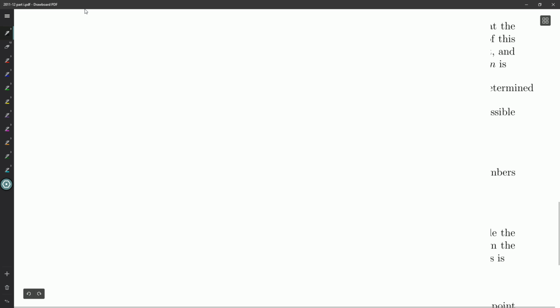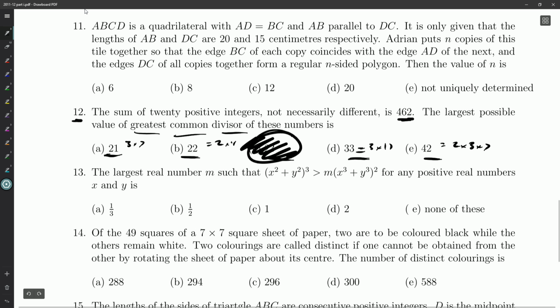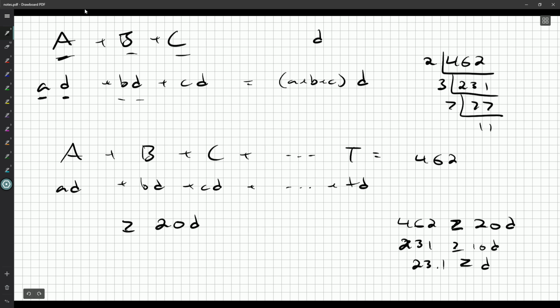And I suspect that's why they had C here, in case you just had a knee-jerk reaction and said, okay, the biggest integer less than that is 23. It looks like the answer should be 22, because that is a factor of 462. It is less than this bare maximum of 23.1, so it should work. The only question is, can we actually make it work? The answer should be B, 22, but let's quickly check.